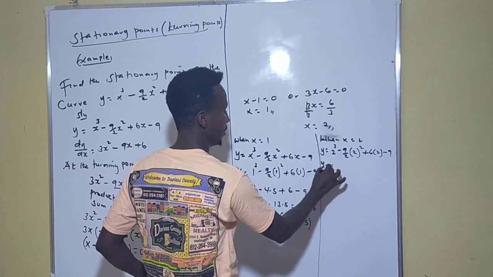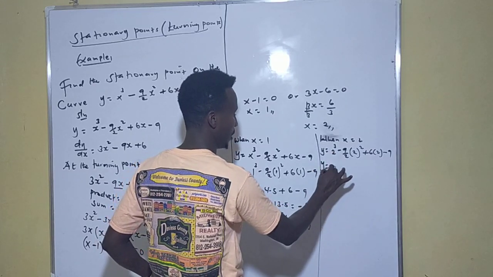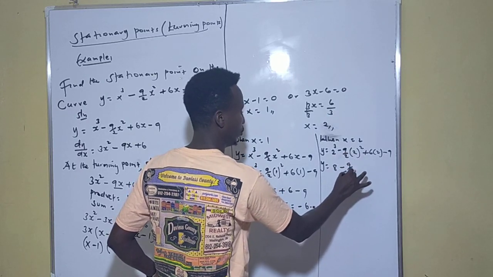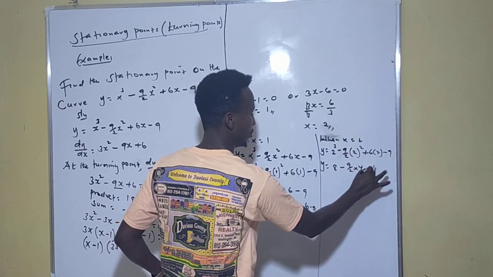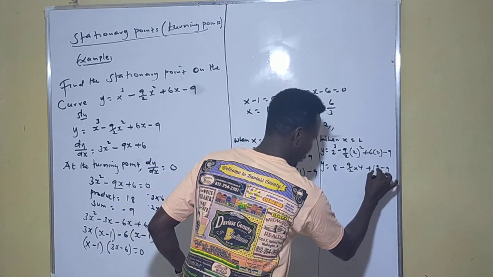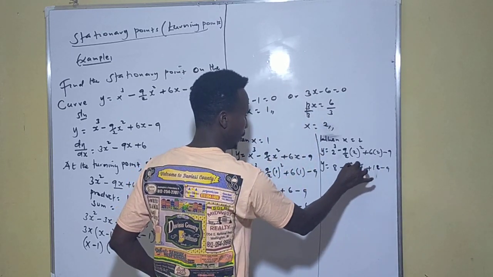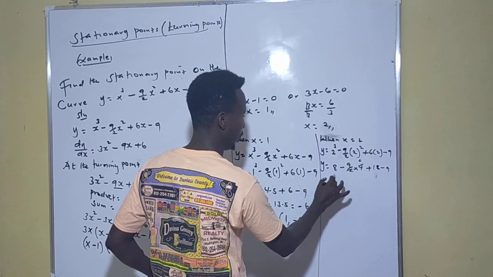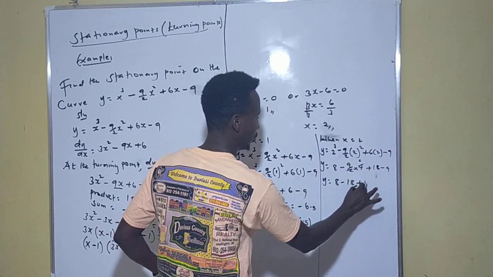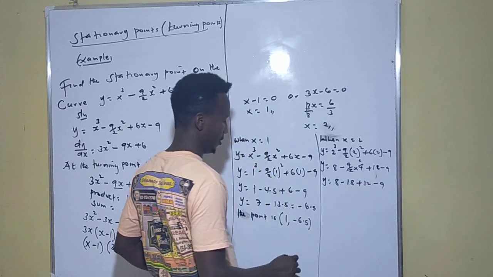So this will give us y is equal to 2 cubed, that's how much? 8, minus 9 over 2 times 4, plus 12 minus 9. So by 2, 1, by 2, 2. So it will be y is equal to 8 minus 18 plus 12 minus 9.